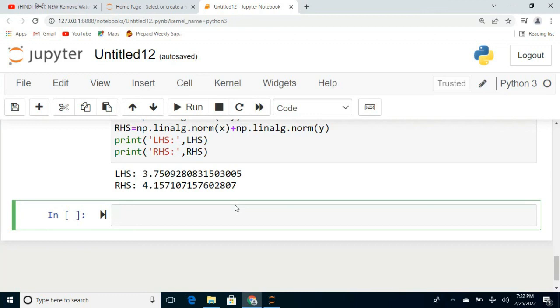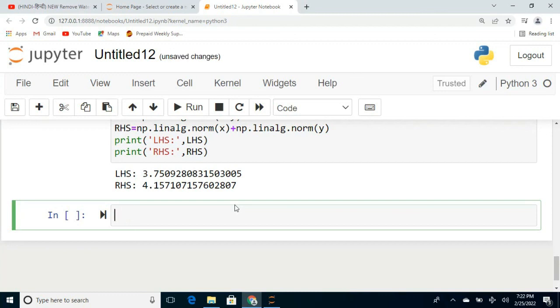In Python, this is expressed as np dot linalg dot norm of x divided by np square root of n. So let me write it, and then we will understand how to find the root mean square of a vector.